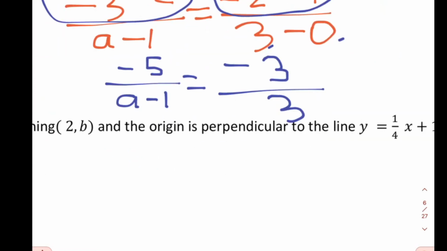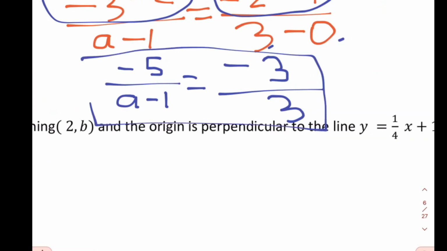Now we need to solve this equation, okay? Here we need to know how to solve rational equations. So that's why this is included in your KPIs for the end of year exam, okay? So to solve this, make sure you use what we call cross multiply.